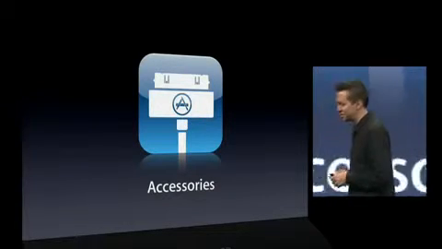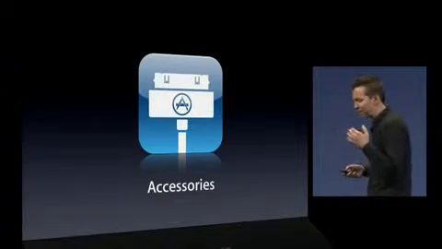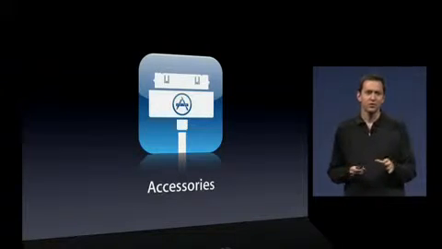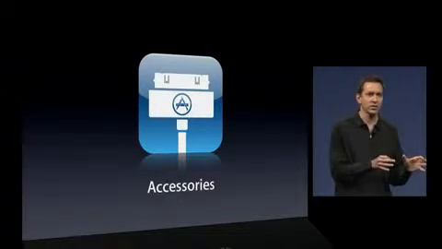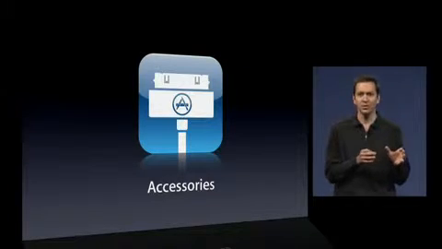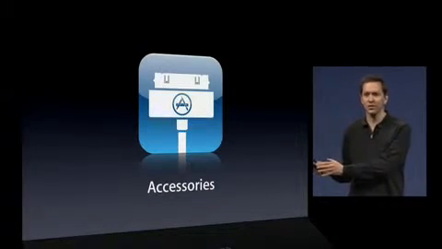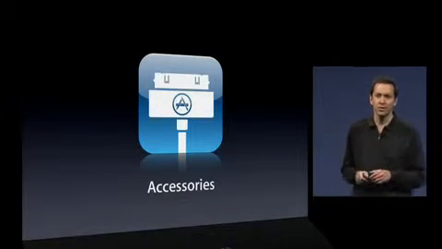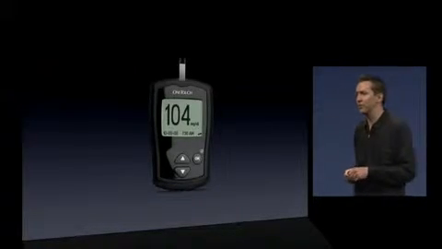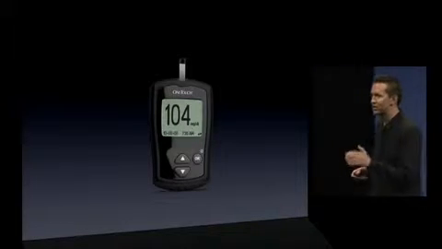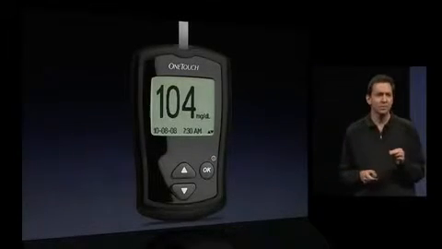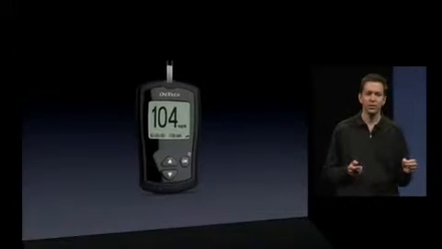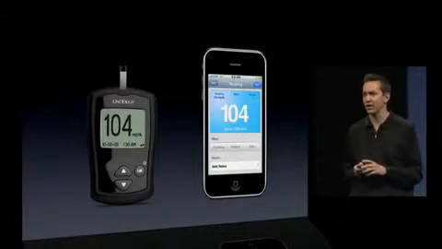Next is accessories. In iPhone OS 3.0, we are opening up for hardware accessory developers to build companion software applications that talk right to the accessory. For instance, back in March when we announced iPhone 3.0, LifeScan, a Johnson & Johnson company, announced that they're taking their one-touch blood glucose monitor and building a companion iPhone application.